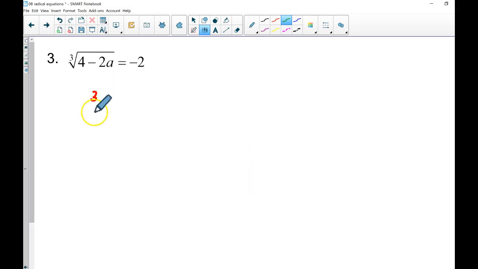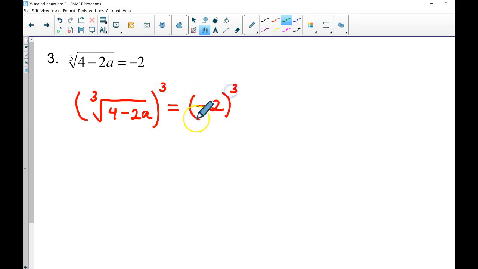Again, let's restate the problem so it's easier for us to follow our notes in the future. Notice that the cube root is isolated. So the next step would be to reverse the operation, meaning we're going to cube both sides. Notice that I have negative 2 in parentheses.